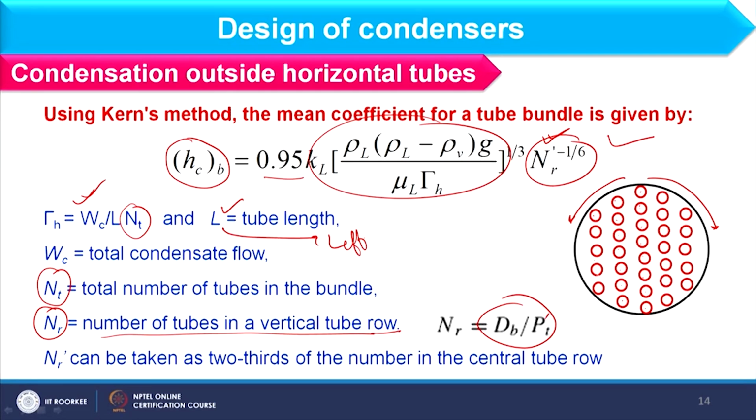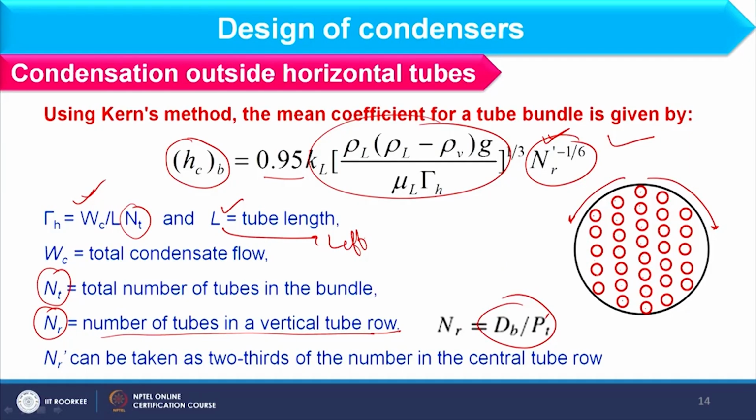So, HCB is basically counting Nr at the center. However, at the central line, because of the maximum Nr, we have the least heat transfer coefficient at the center. That heat transfer coefficient will keep on increasing as I move to the left and right of the central line, because of a smaller number of vertical tube rows, and because of that we will have a less thick condensate film.